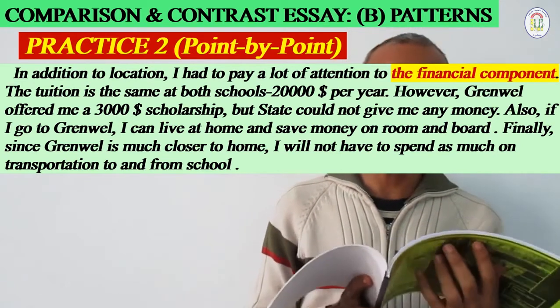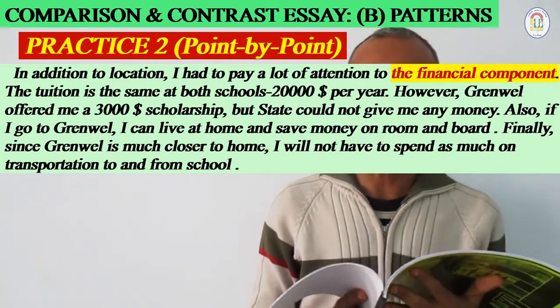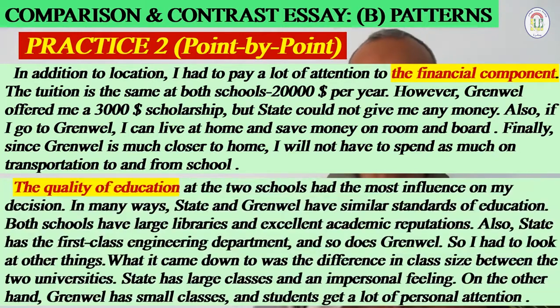Now, the third point will be the quality of education at the 2 schools had the most influence on my decision. So you see, every topic sentence at the beginning of every paragraph in the body introduces this point. The point is the topic sentence.